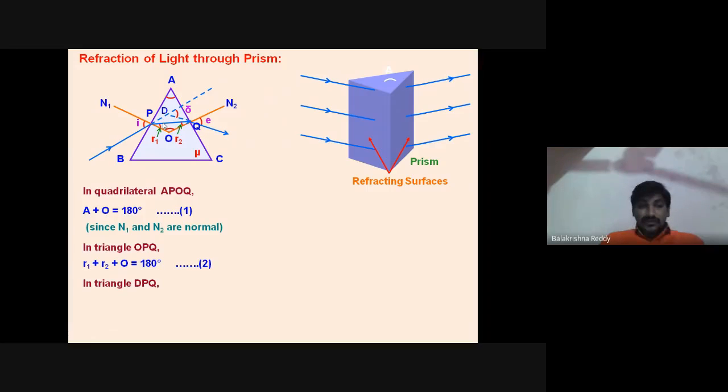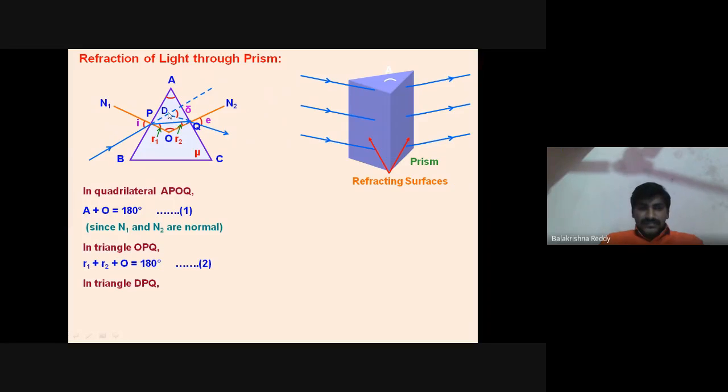Now there is one more triangle here, DPQ. This is one more triangle which comes due to the extension like this.